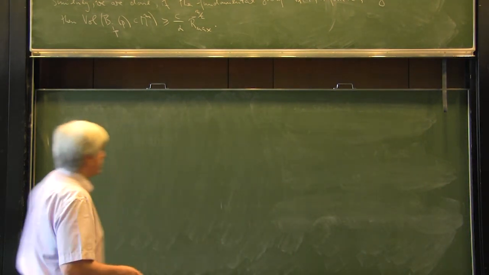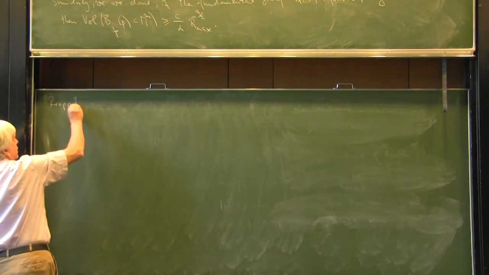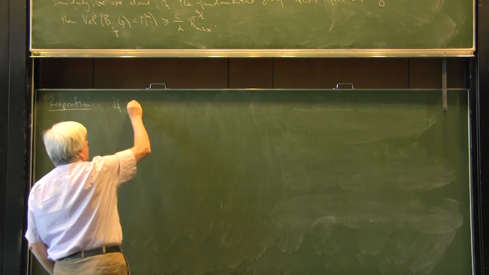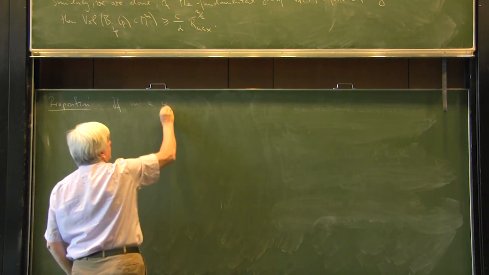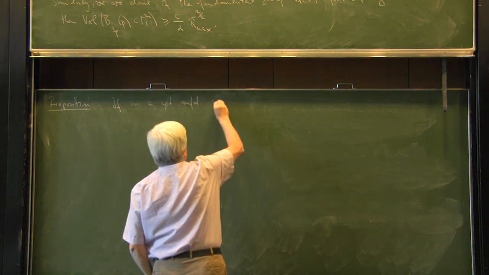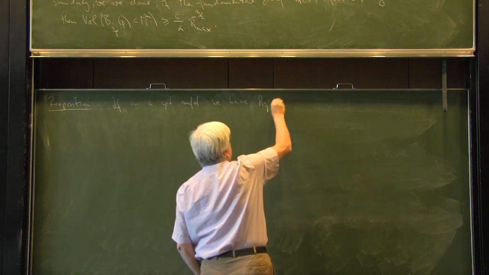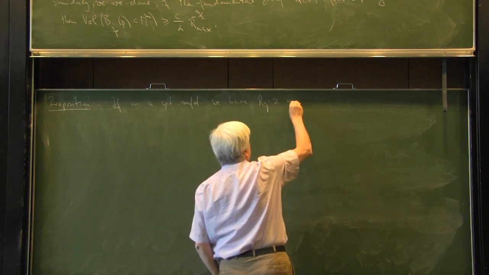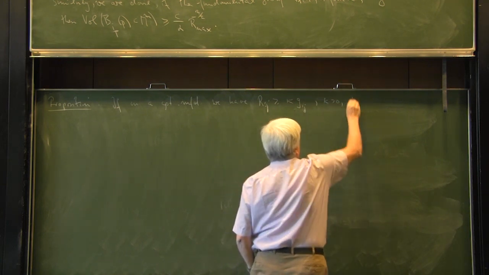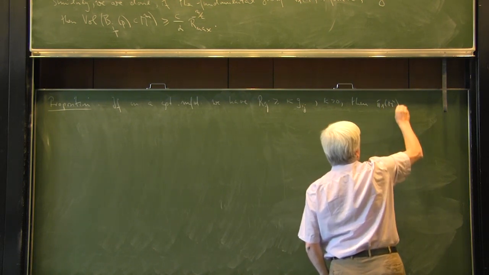So this is a well-known proposition. If on a compact manifold we have that the Ricci tensor is bigger than some kappa g_ij, kappa bigger than 0, then pi 1 of Mn is finite.